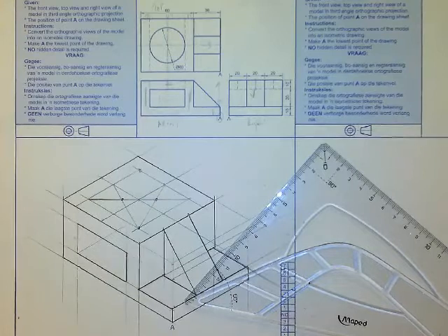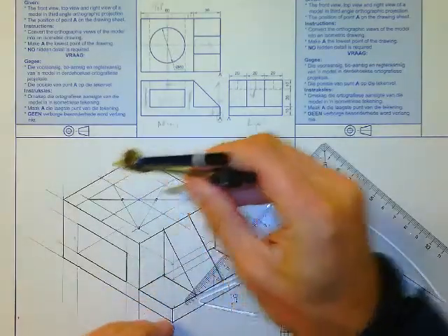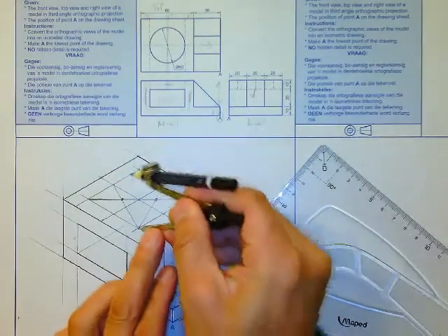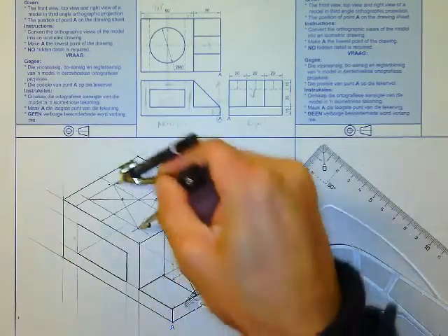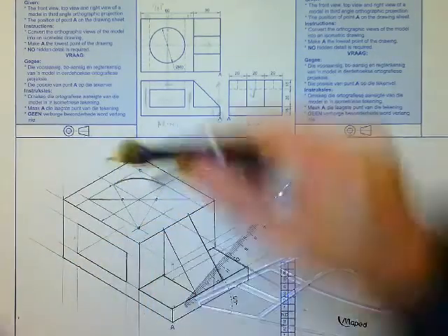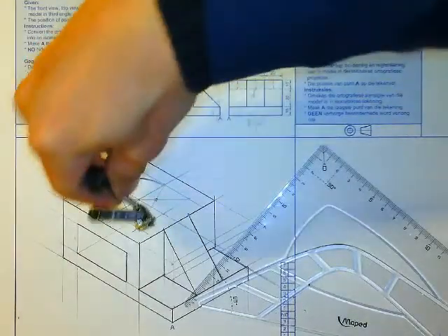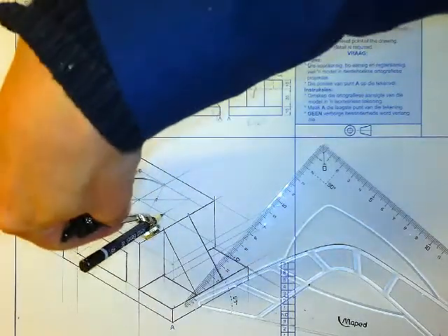Let's put those different parts of my circle in quickly. So I'm going to start here by drawing that point in there. So there it is. And then I'm going to maintain my radius, and I'm going to do the opposite side here.